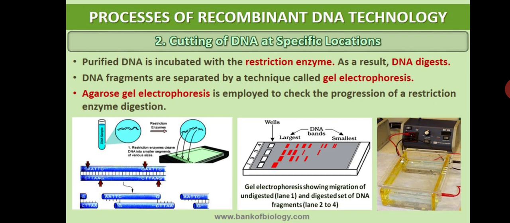The DNA fragments are separated by a technique called gel electrophoresis. The restriction enzyme cuts the DNA molecule at specific recognized sites, so the entire DNA is converted into small fragments.